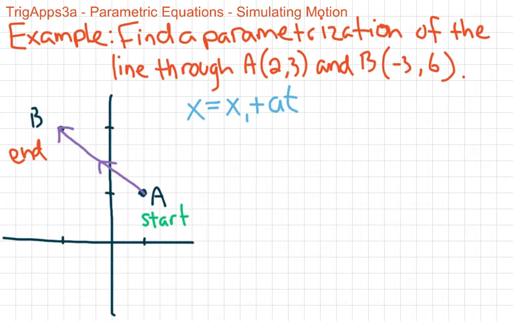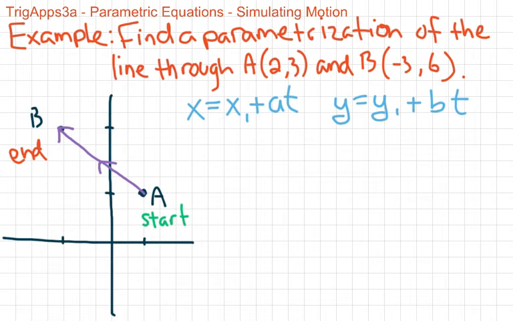So a is helping us identify how much x is changing based on t. All right, so once we get into it, you'll see how it's actually fairly simple. And we'll do the same with y equals y1 plus b times t. And that's just a different slope or a different rate of change for the actual y and t.